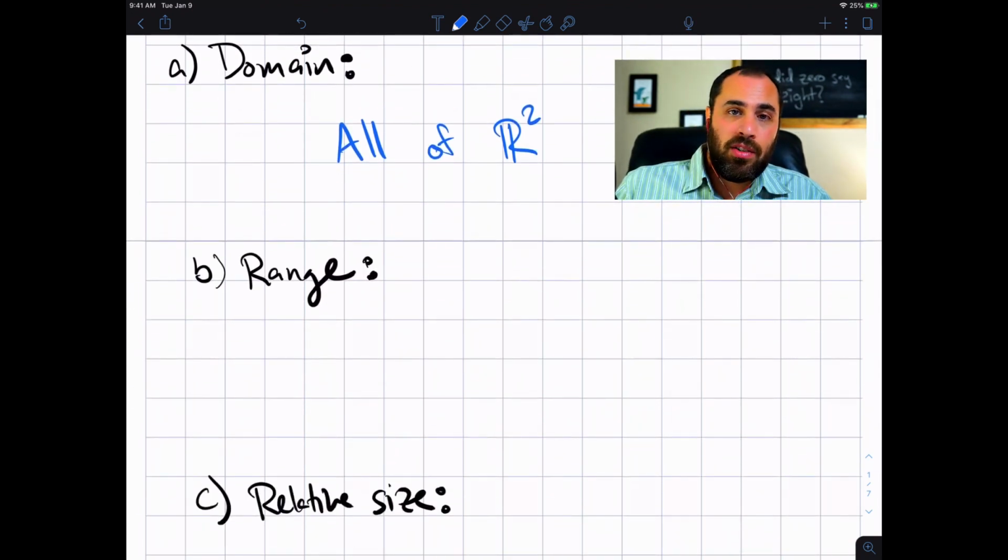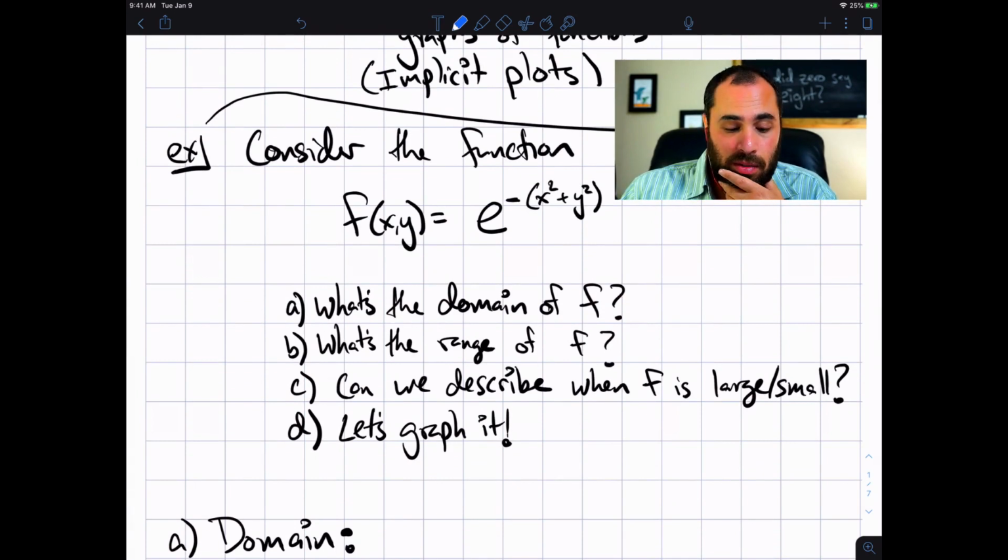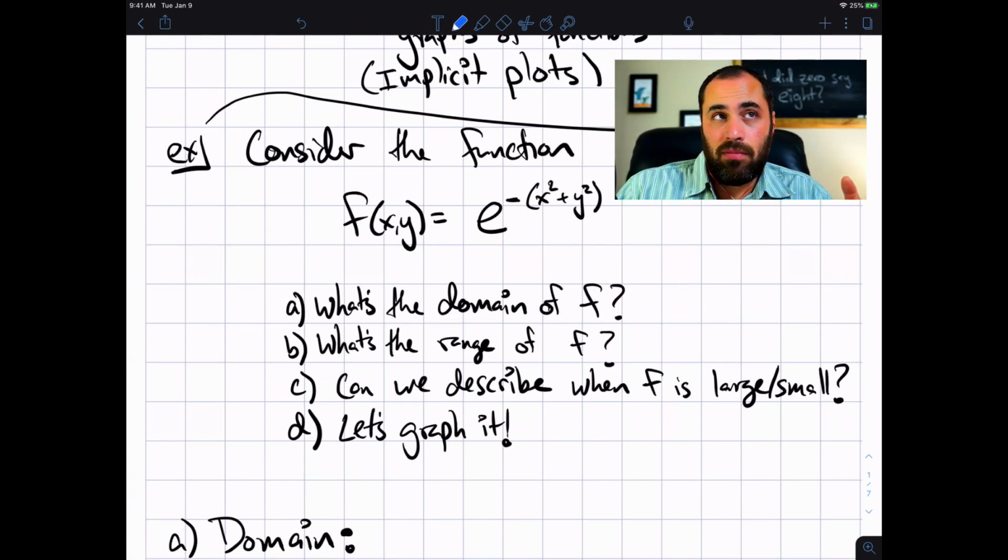And now the range, well, here there's a little more nuance. We have to think about e to the minus power of a real number. Well, when that real number gets large, e to a very negative value doesn't become negative.